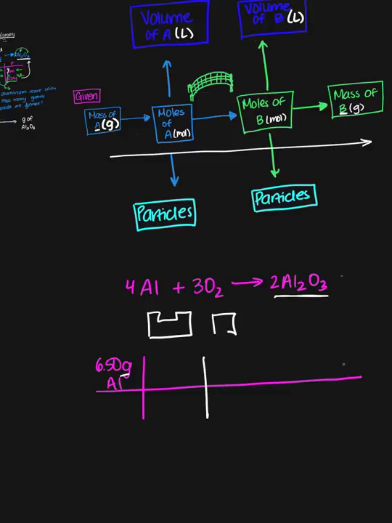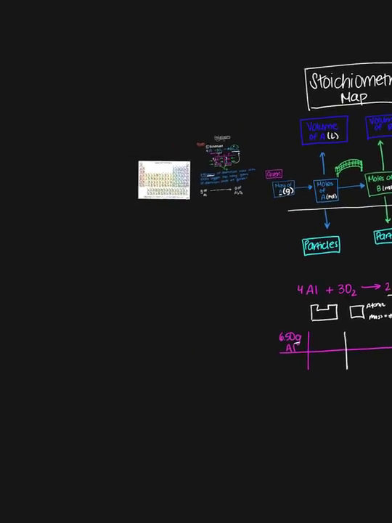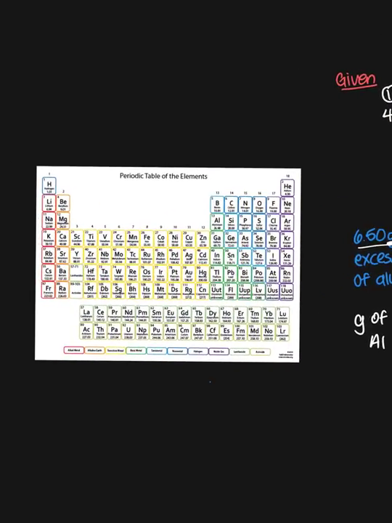Whenever you look at an element, it lists its atomic number and its mass. The mass is the number of protons plus the number of neutrons, and the atomic number is usually just the number of protons. Looking at aluminum, Al says 13 and 26.98. This is going to be our mass.